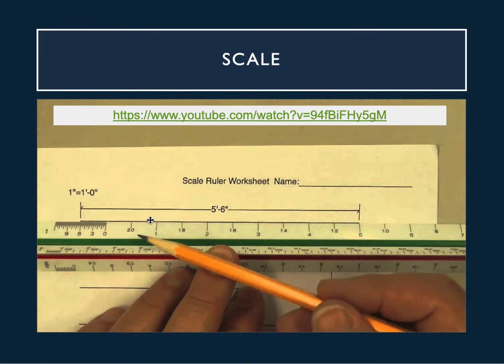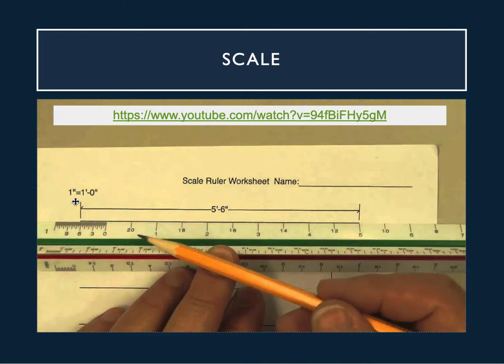And so by combining those together, in this case, there's a 5 foot 6 inch line that would represent 5 feet 6 inches in real life, but it's been drawn at a scale of 1 inch equals 1 foot, meaning that on paper, an inch equals a foot in real life.